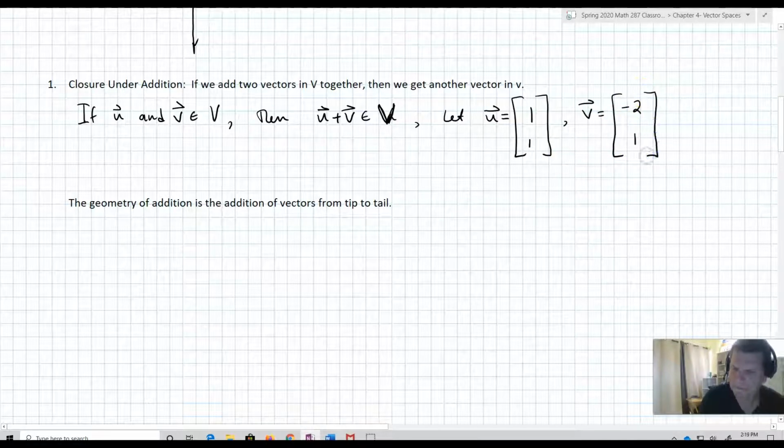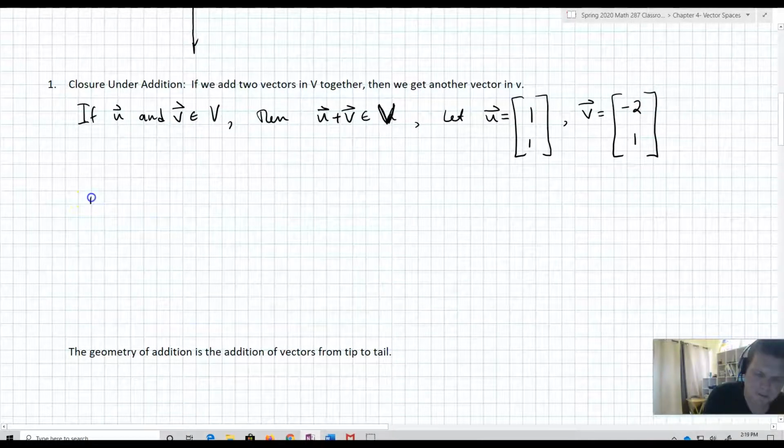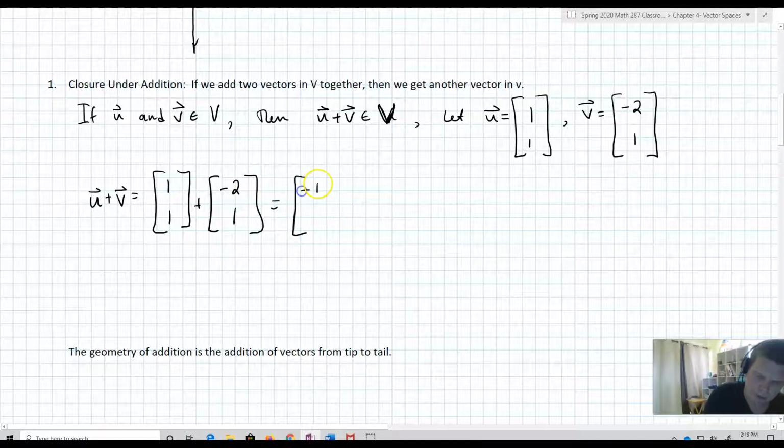When I add the two of them together, U plus V equals (1, 1) plus (-2, 1), which equals (-1, 2).